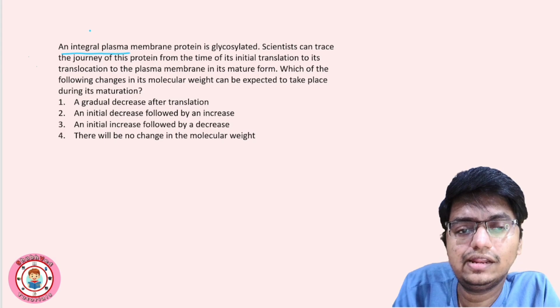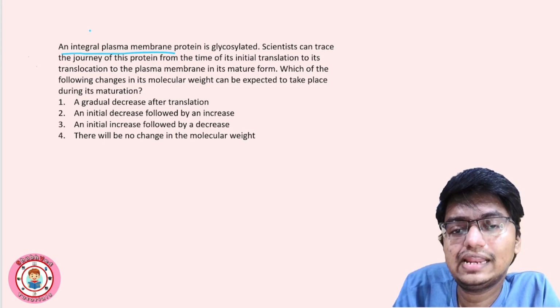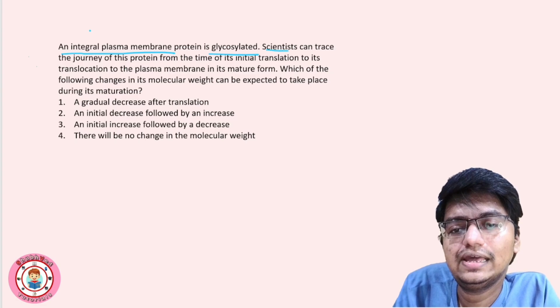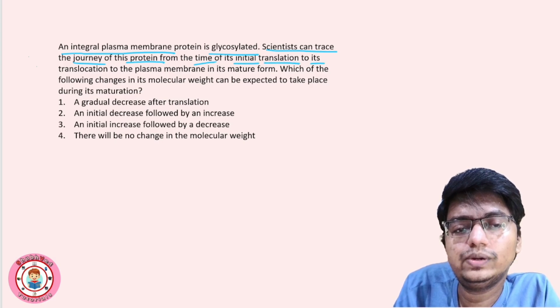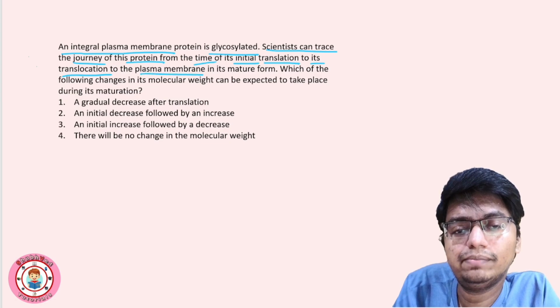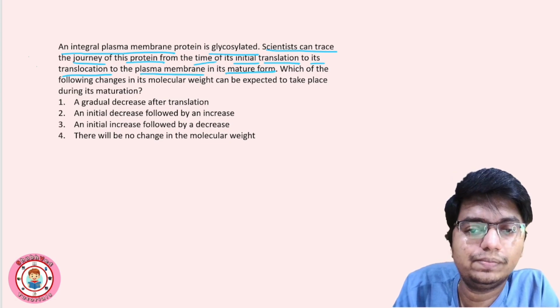An integral plasma membrane protein is glycosylated. This is a glycosylation question. Scientists can trace the journey of this protein from the time of its initial translation to its translocation to the plasma membrane in its immature form.